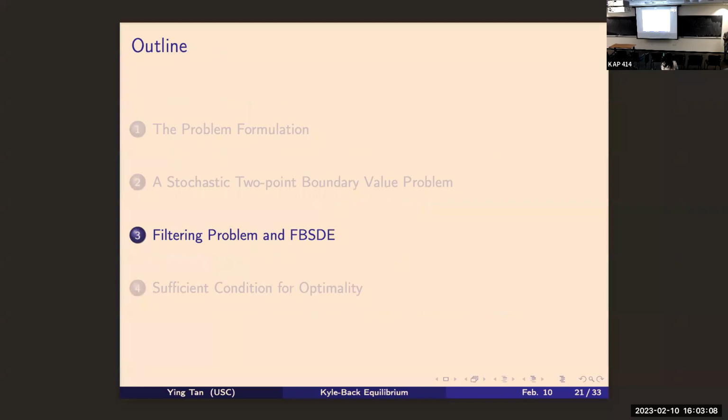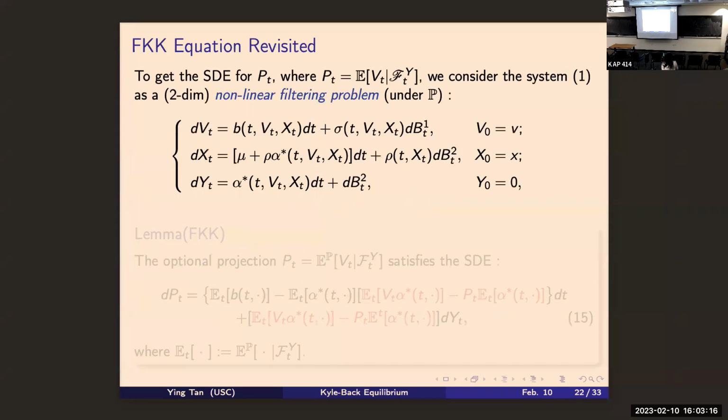So we will move on to solve the problem for the market maker now. We need to find the price. So now we just fix the alpha star, and we recognize that this system V, X and Y is indeed a nonlinear filtering problem, with V and X being the two-dimensional signal process and Y being the observation.